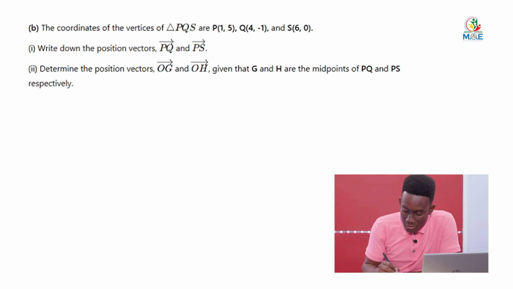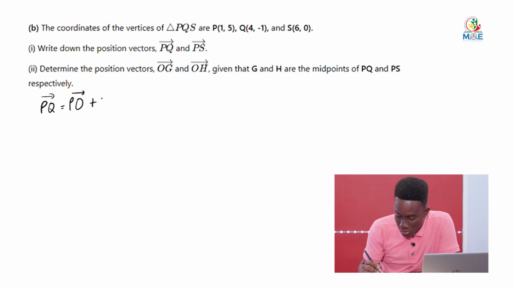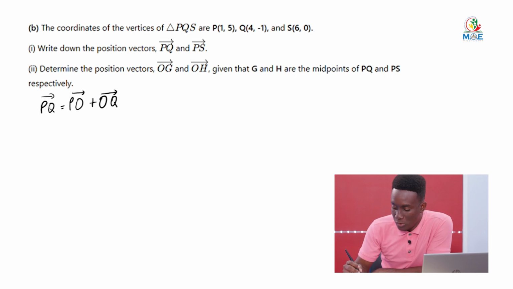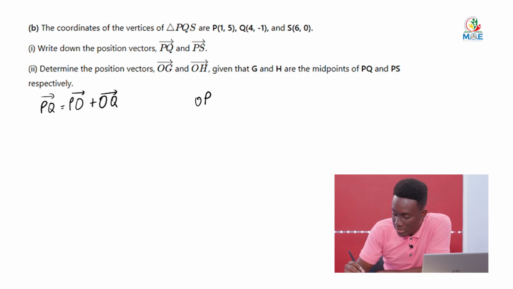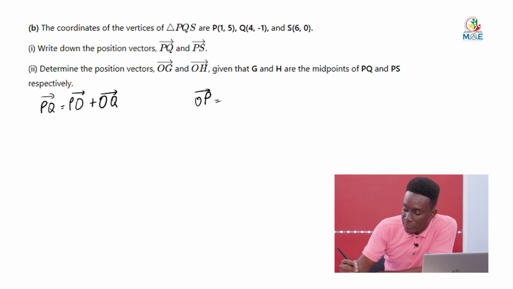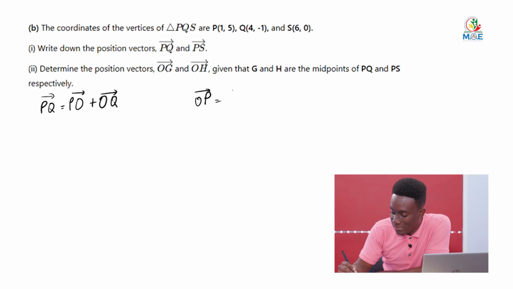So in order to get the vector PQ, we start from P and we go to O, and then we move from O and we go to Q. So we need to find the vector PO. In order for us to find PO, we can find OP. The vector OP is simply equal to, since this is the coordinate P, from the origin to P, the same thing, but you just write it as (1, 5).